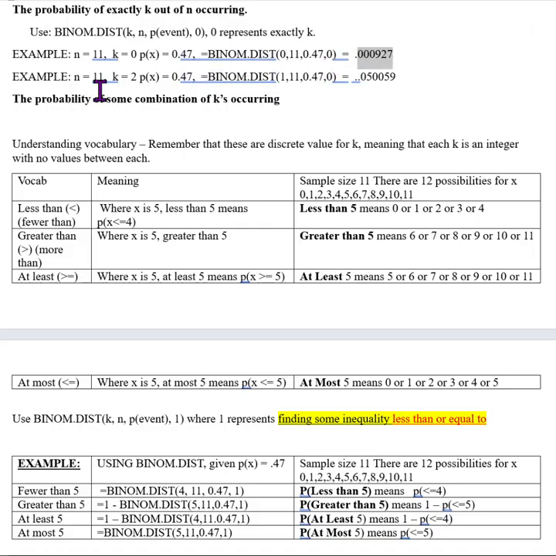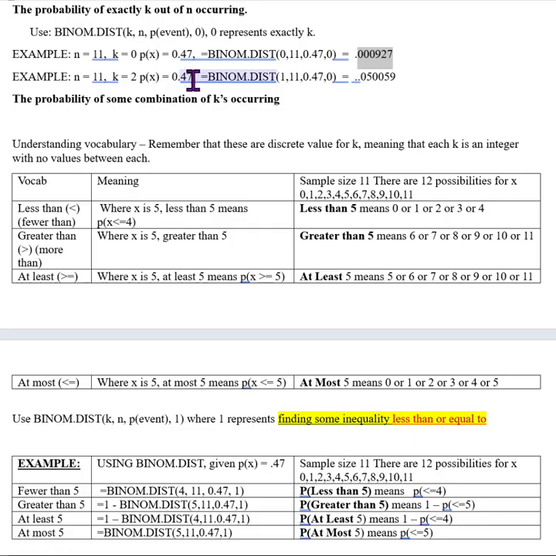Now, what if I wanted exactly 2 chances out of 11 occurring? Think of it like I bought 11 lottery tickets. What are the chances of me winning on 2 of those lottery tickets? That's the question. Before, it was 0 out of 11 lottery tickets winning, with a probability of 47.